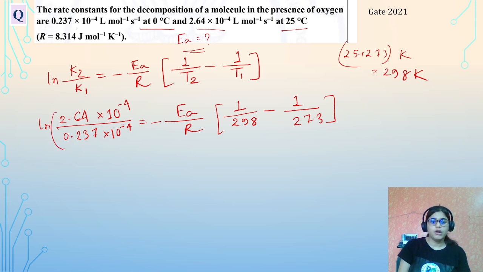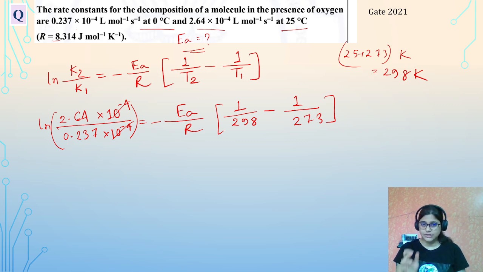So if you solve this one, R is given, so in joule only we have to solve this. So you can do it, right? Okay, I'm just solving a little bit. You can solve it, it is very easy. Just putting values in the calculator.